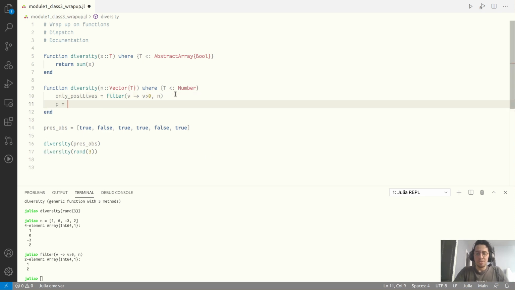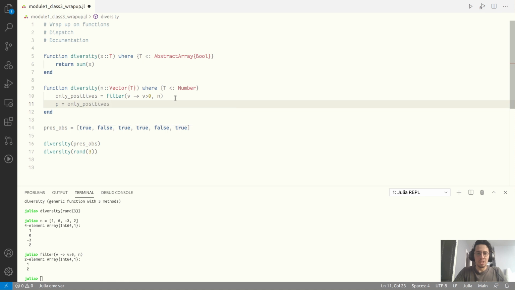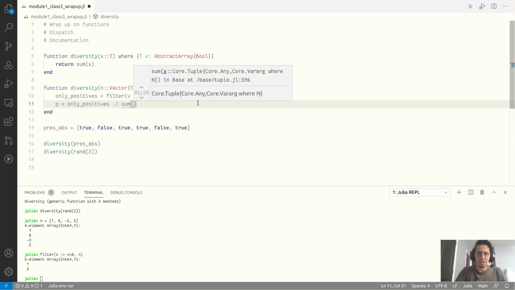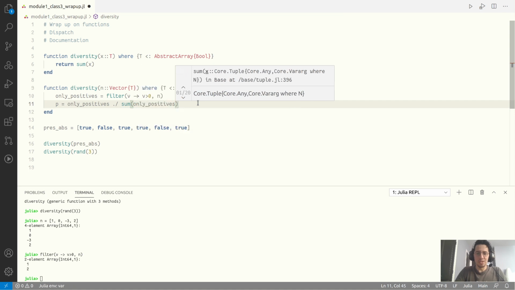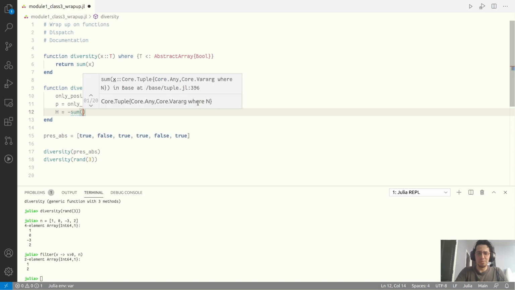The next step is to get the frequency, and the frequency is going to be only the positives divided by the sum, so that it is going to sum to 1. And then, as you remember from your ecology classes, the value of h is minus the sum of p times log of p.